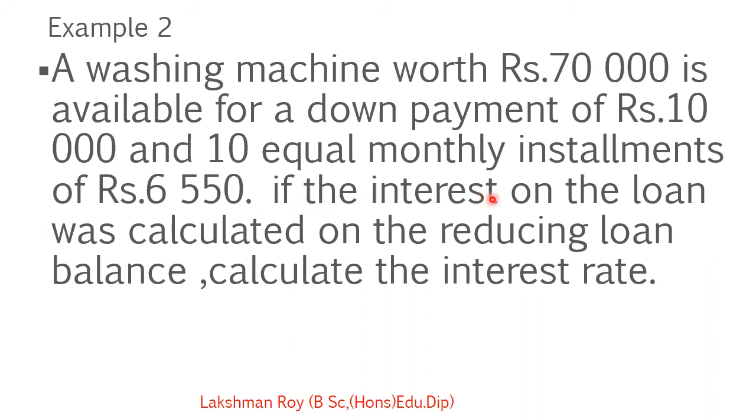If the interest on the loan balance was calculated on the reducing balance, we want to calculate the interest rate, right? So this is a different question, another type. In exams they will sometimes ask to find the interest rate, right?